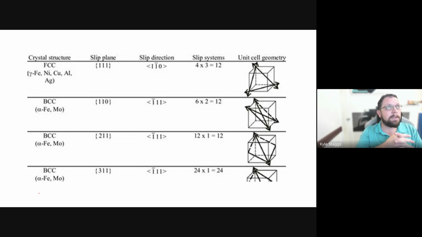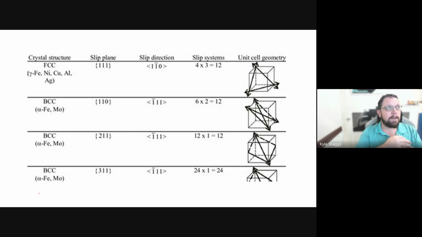The slip planes are important to understand because depending on how the atoms are arranged, for something like FCC, there will be a 111 slip plane. For BCC, there will be 110, there will be a 211, and there will be a 311, because each of those are related to each other.